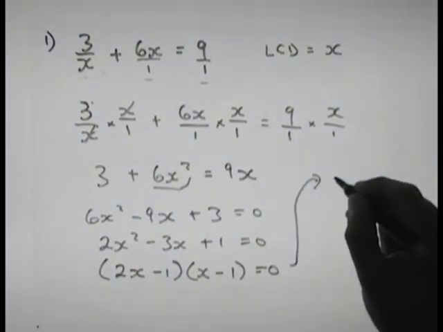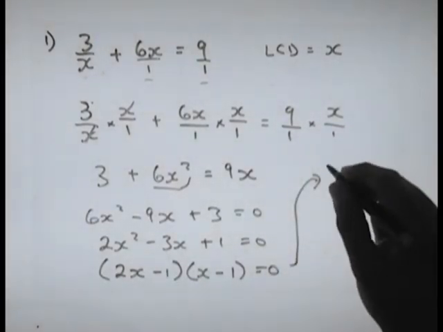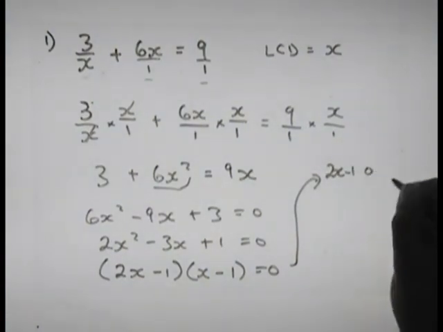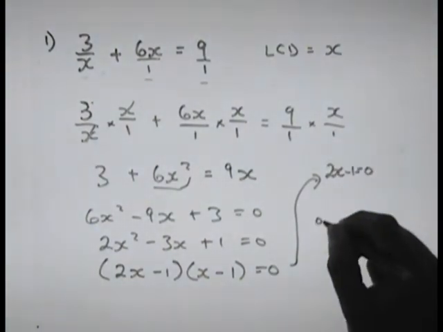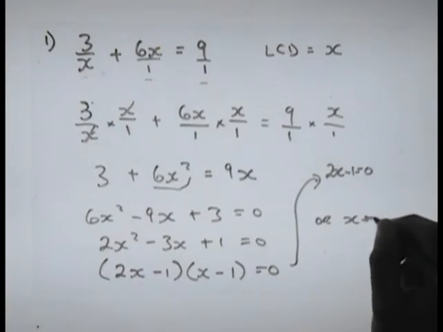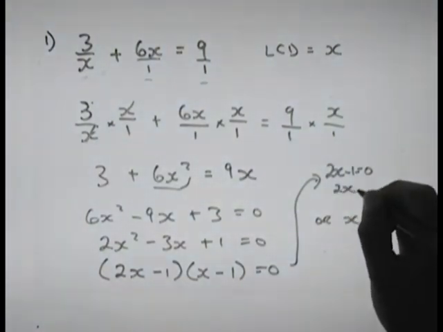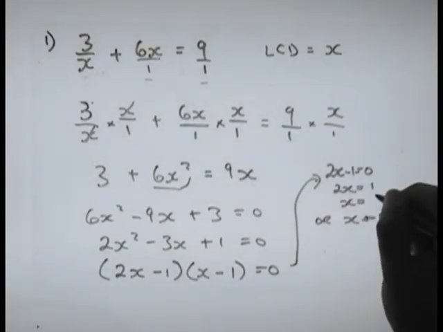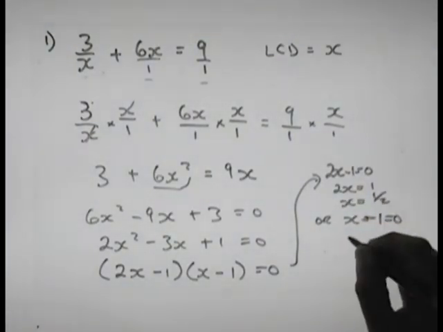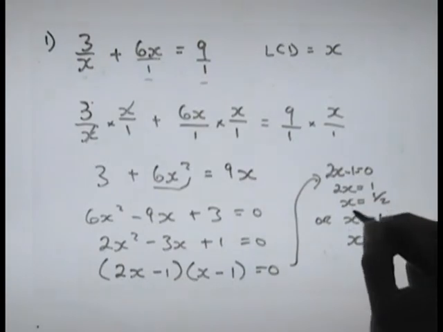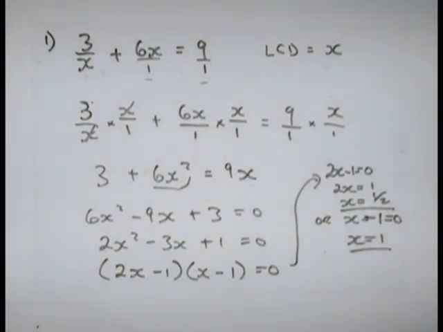That means that 2x minus 1 is equal to 0, or x minus 1 is equal to 0. This means that 2x is equal to 1, means that x is equal to 1 over 2, or x is equal to 1. There's my two answers. X is equal to 1 over 2, or x is equal to 1.